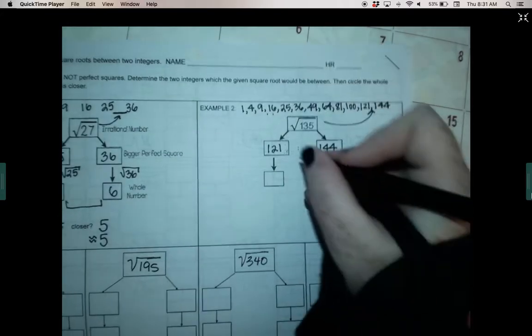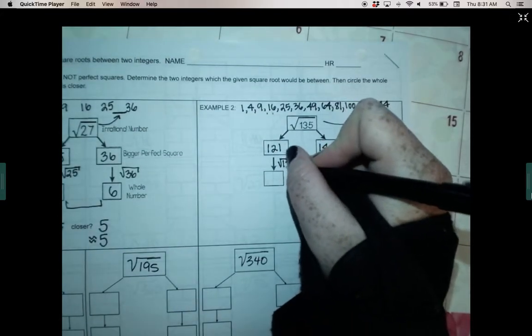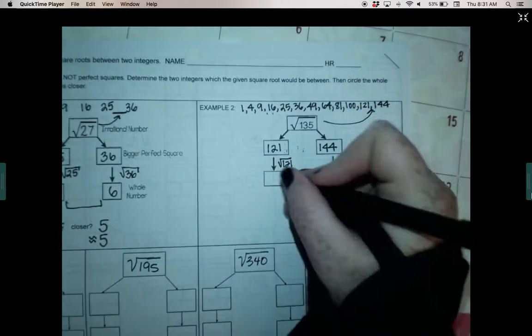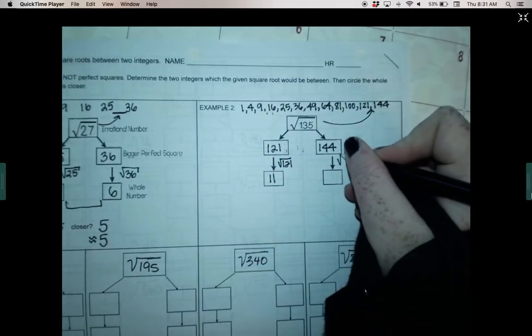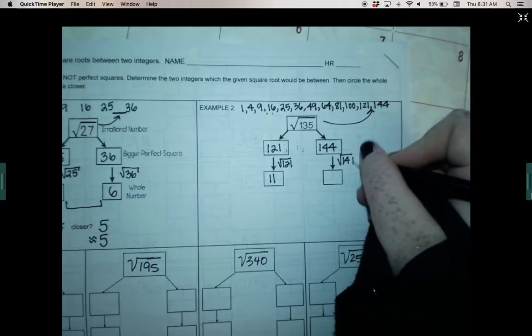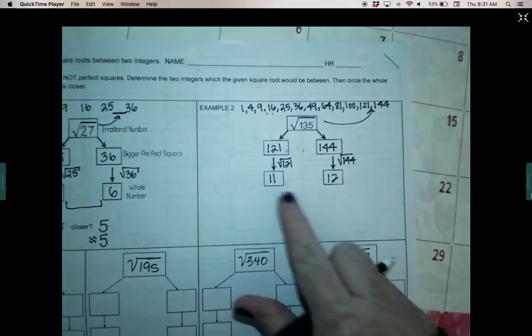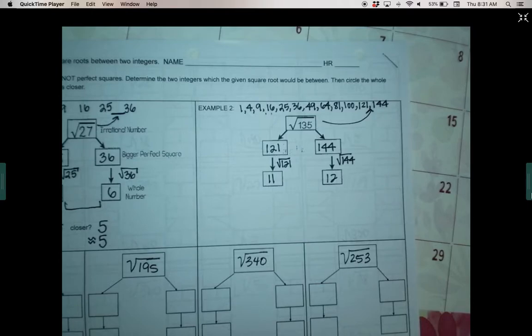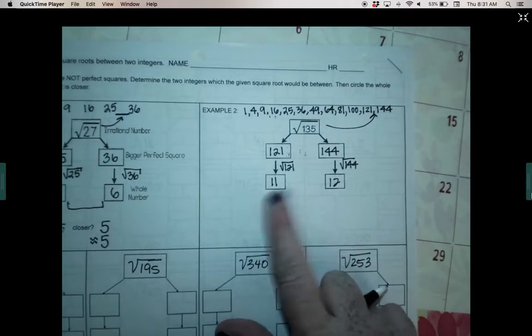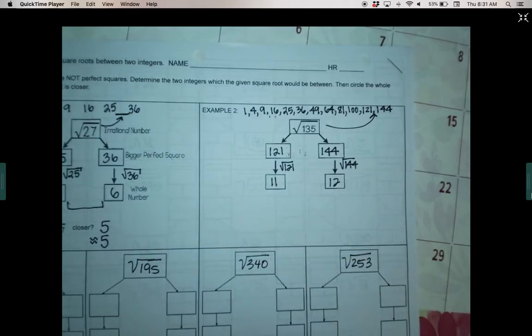So what is the square root of 121? 11. What is the square root of 144? 12. And it should always work like that. If you are suddenly jumping from 11 to 25, then you've made a mistake. They should be consecutive, meaning right next to each other.